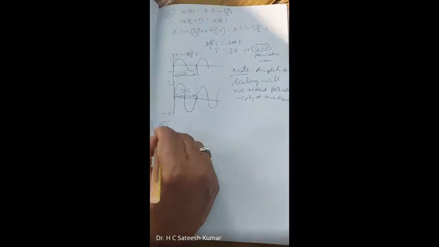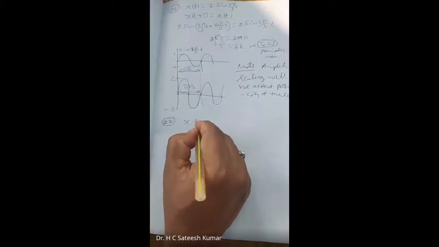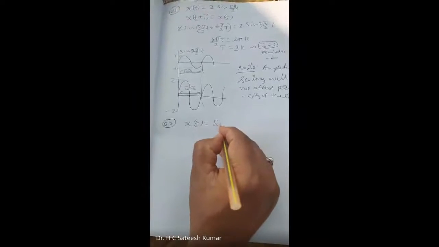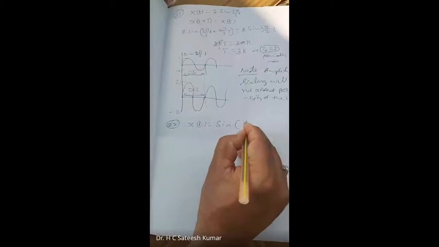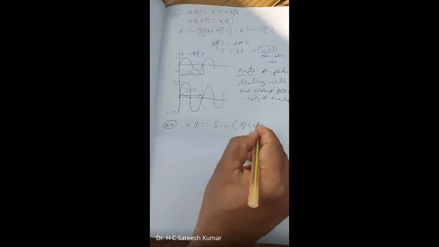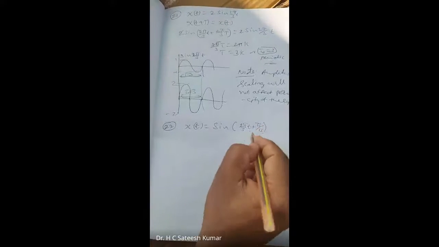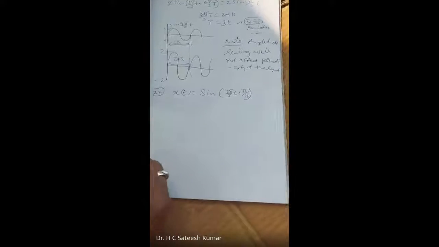Now let us go for one more kind of problem. Once again, I'll take the same x of t, sine of 2 pi by 3 t plus pi by 4.